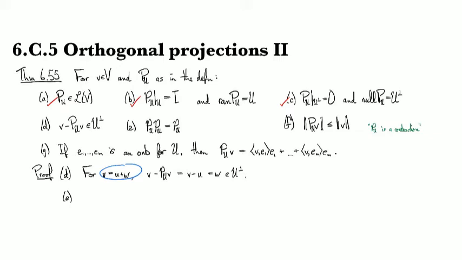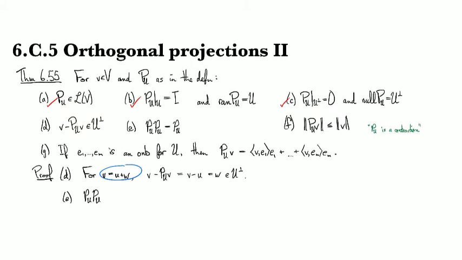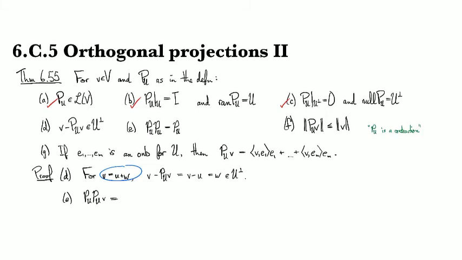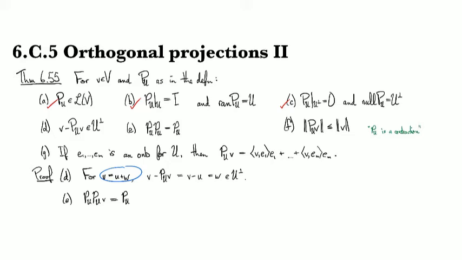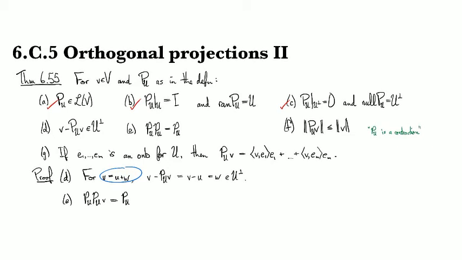For part E, let's see. If we apply the operator twice to V, and I'm just using the same notation, in other words, I'm taking this V to be U plus W here.